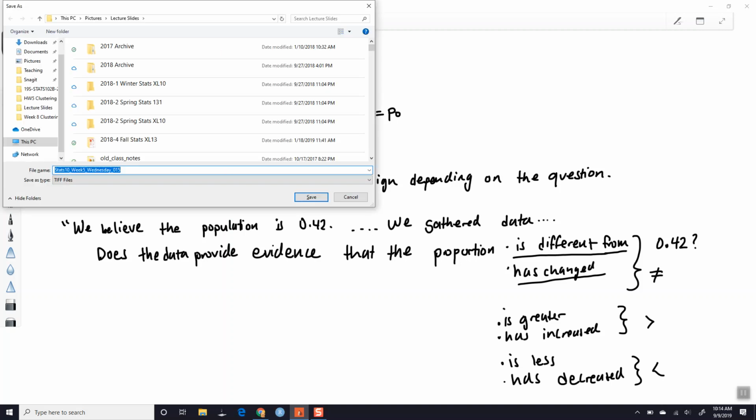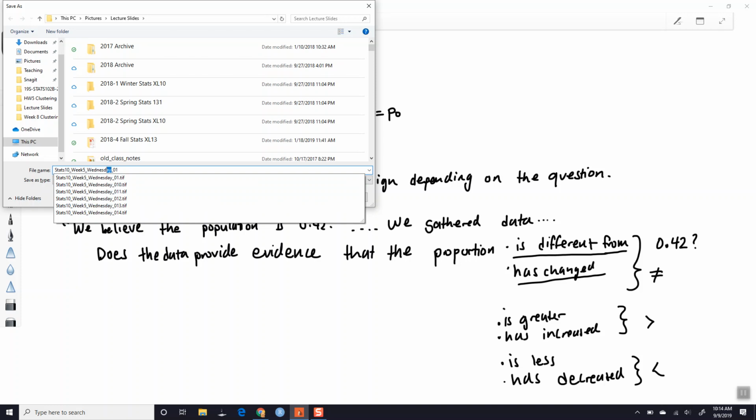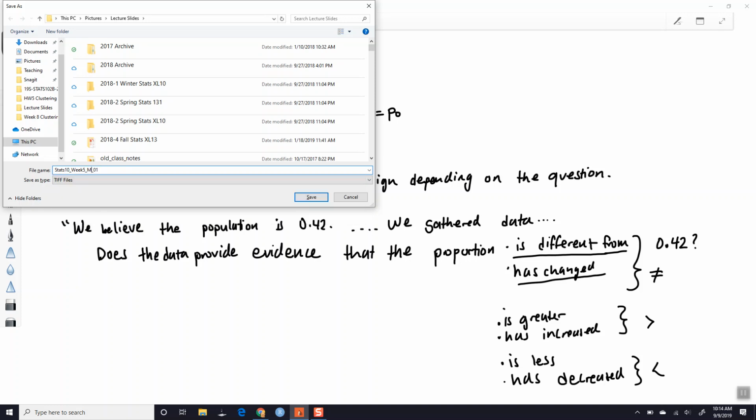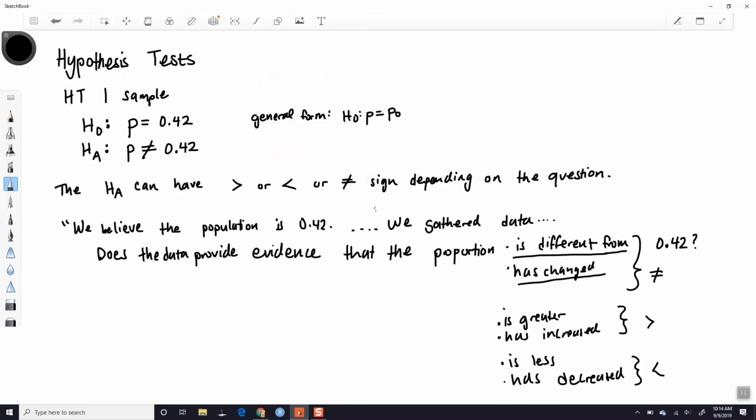Of course, we have all sorts of other words in the English language to describe things getting bigger or smaller, and you just have to read the statement carefully to see whether we are using the greater than, less than, or not equal to sign.